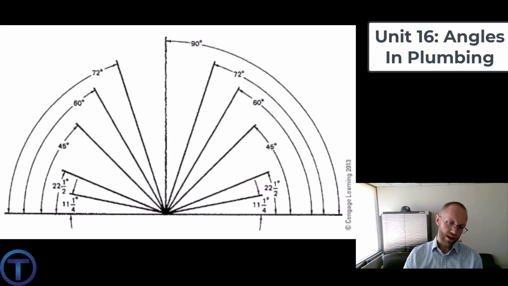We could cut that in half. There's a 45 degree. But this diagram shows us a variety of degrees that are commonly used, or maybe some of them less commonly used, for the fittings that we install. Now these fittings allow us to change the direction of the pipe by a certain degree of angle, right? We're sending the pipe to a different place.